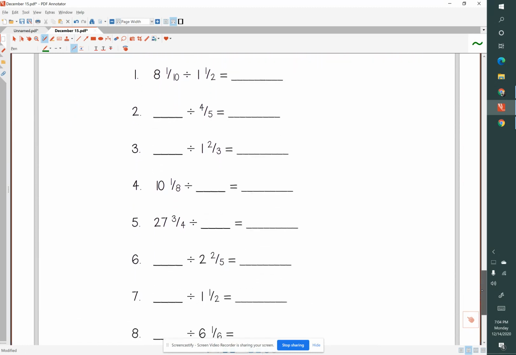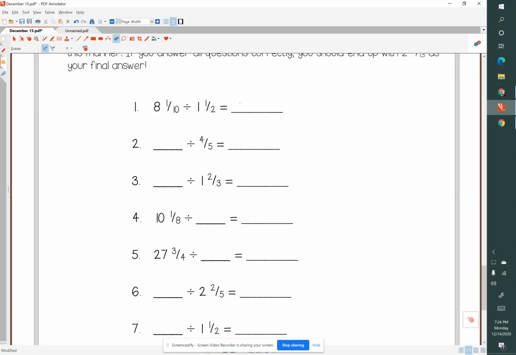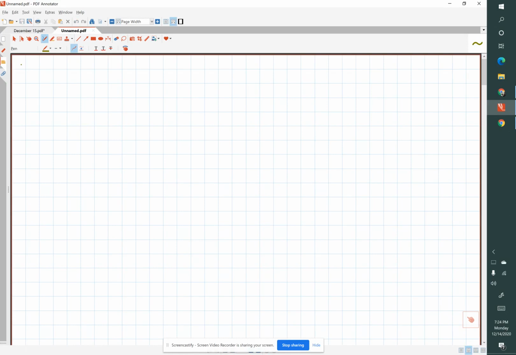We're going to be using a lot of scrap paper today because we have to convert these mixed numbers to improper fractions. So let's get started with our problems. I'm going to do them on scrap paper. Number one. All right, we're going to convert these to improper fractions.